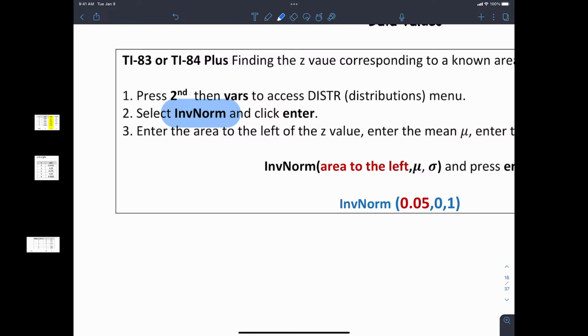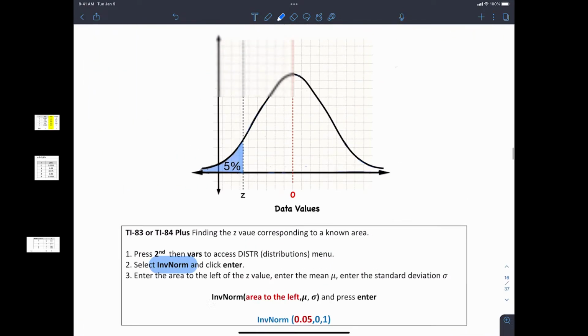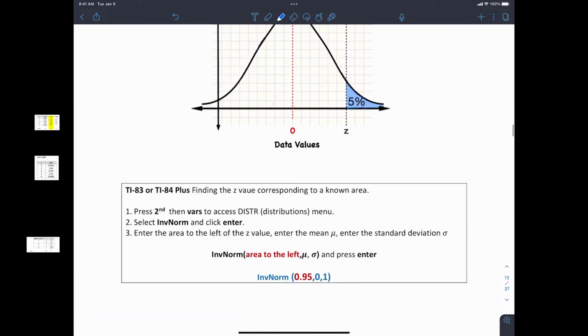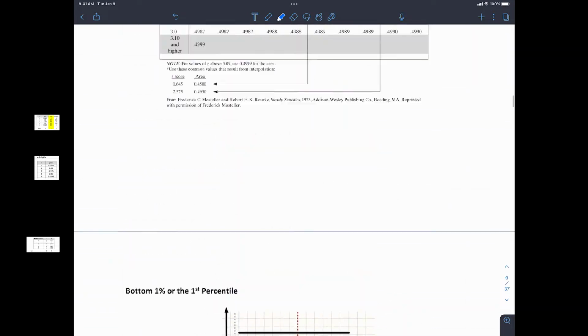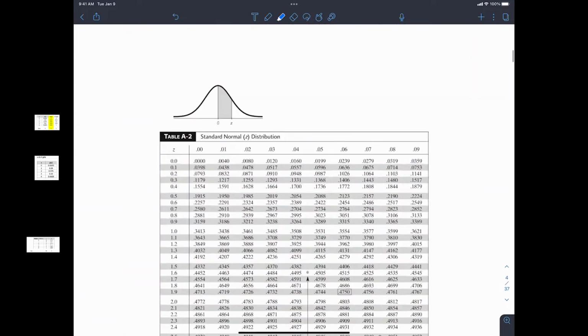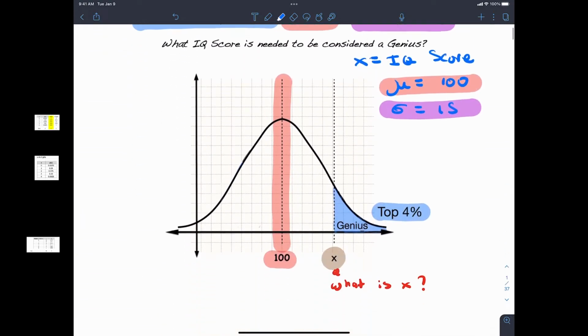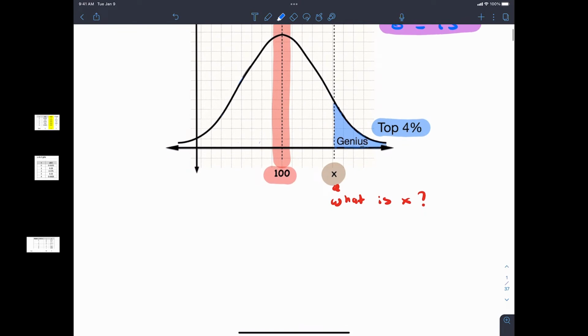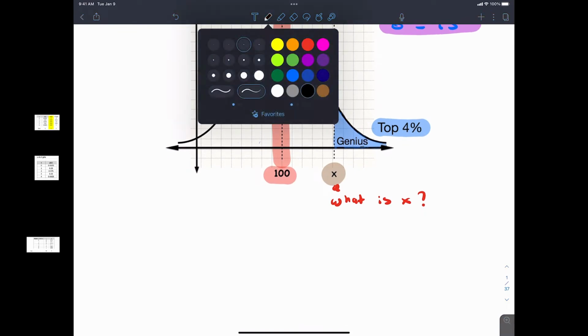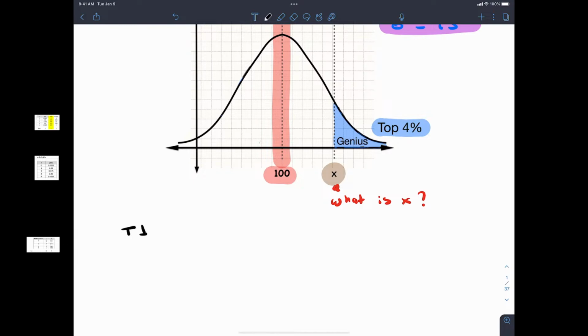For my first question here, inverse norm, I'm going to share with you guys how this works. Just on this worksheet, we're going to find the genius, inverse norm. In the TI, let's put our notes. Working backwards is the inverse norm function.